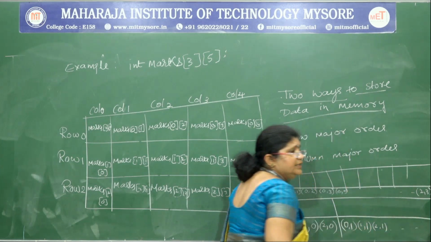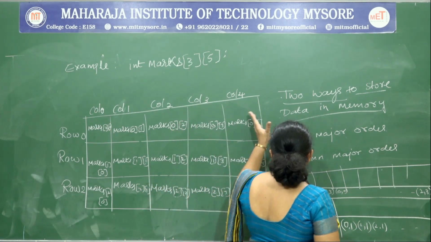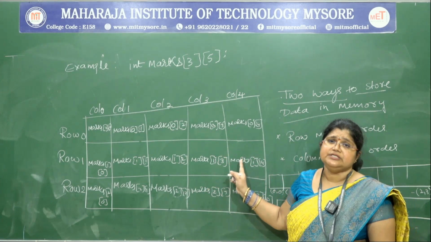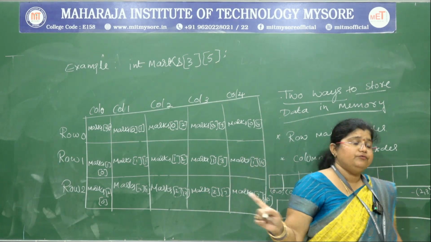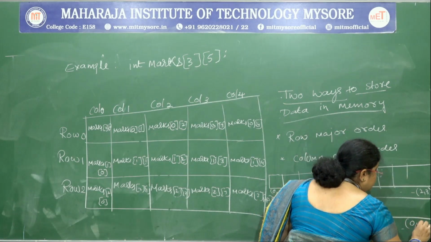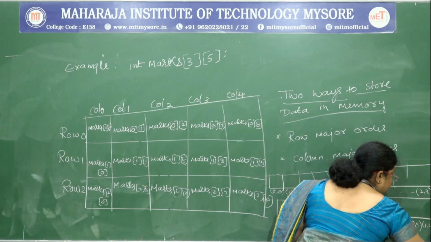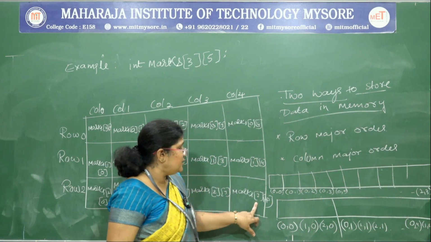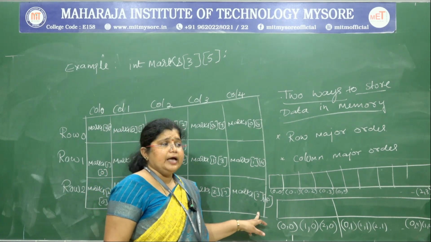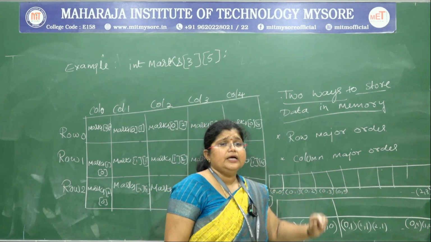It keeps on continuing and at the end it comes to the last column. The subscript of the last column in this example is 4: 0,4, 1,4, next 2,4. So this is how we can store the table, that is a two-dimensional array, in a memory.